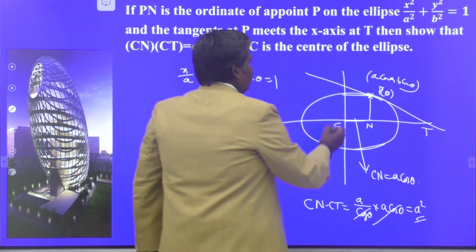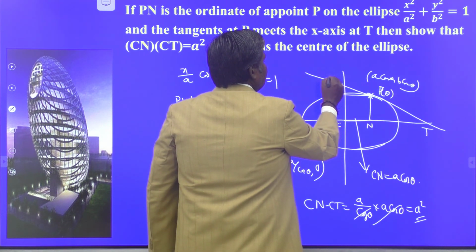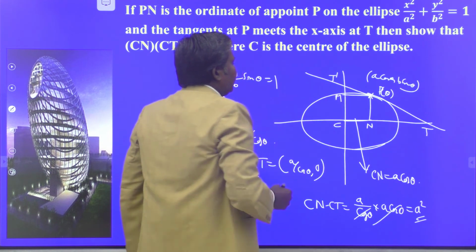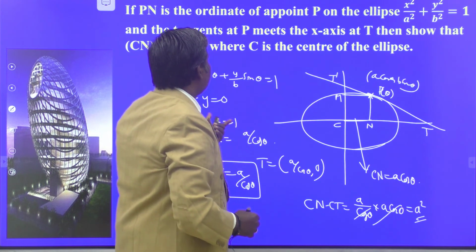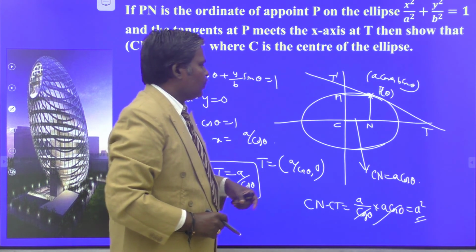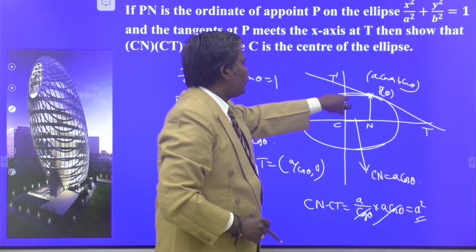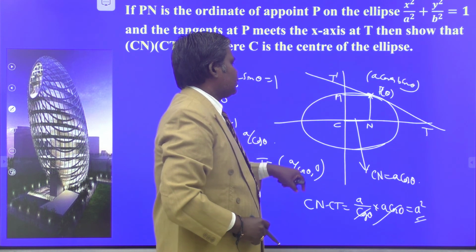In the same manner, if your tangent meets the minor axis at T dash, and this is the point M, then Cm into Ct dash is also, we can prove, b square. Draw the perpendicular from P to the y-axis, that is the minor axis, at M say.